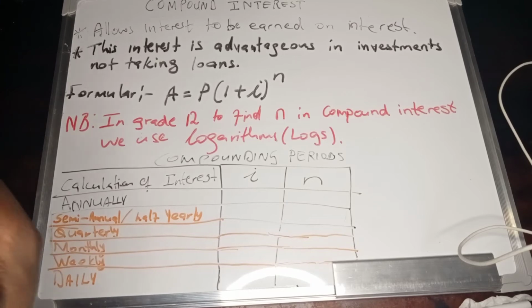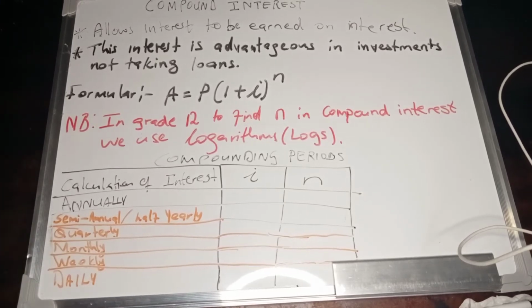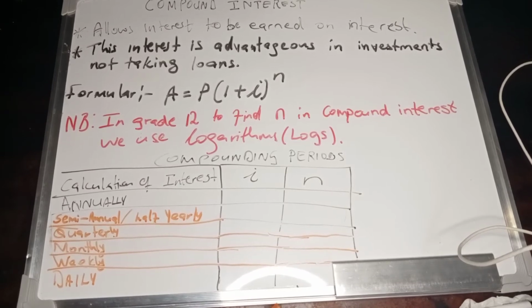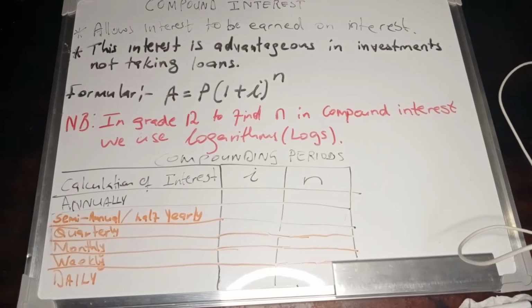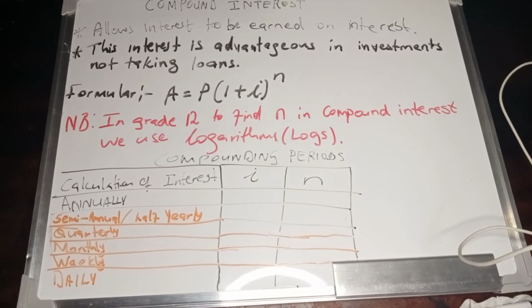It's advantageous for doing investments, not for taking loans. Then mathematically it is given by this formula, which is A equals P into (1 + I) all raised to n.